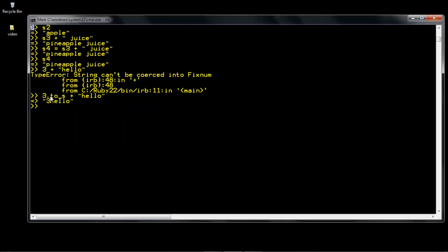Dot to_s converts this whole thing into a string. What string? This string. The digit is a character in the string. It's not the number 3, but it's a character, which is the character 3. It's not a number 3. So that's what I'm trying to tell you.